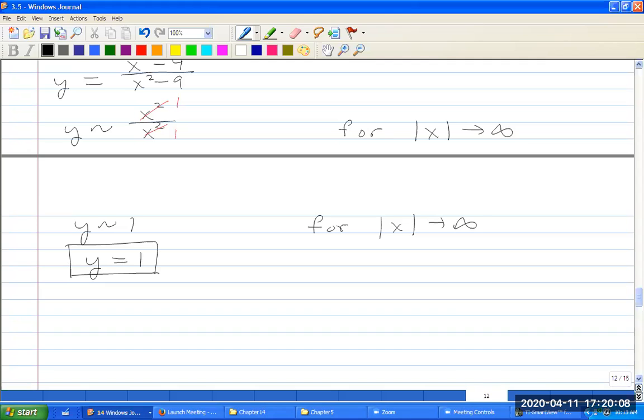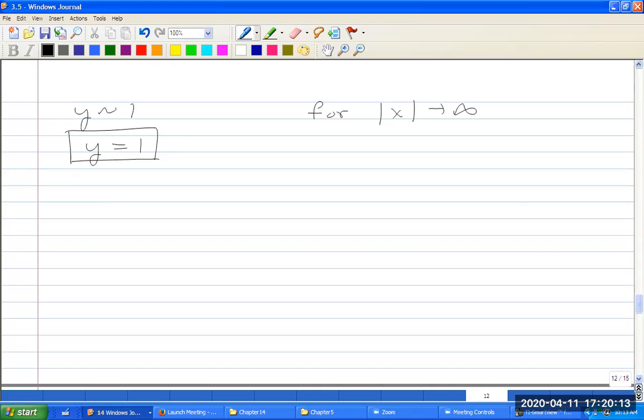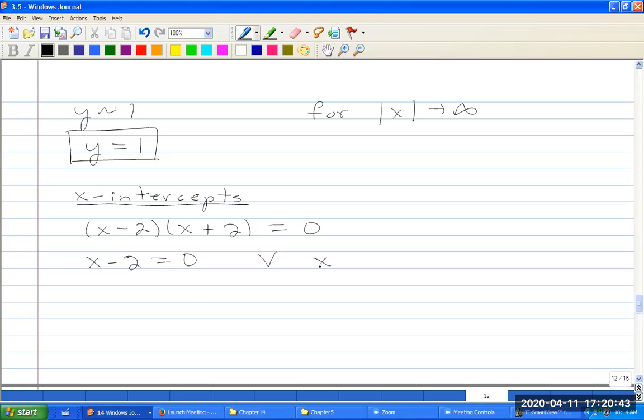Let's try to find intercepts. Let's say the x-intercepts. So let's set the numerator to 0 and solve for x. So x minus 2 is equal to 0, or x plus 2 is equal to 0.